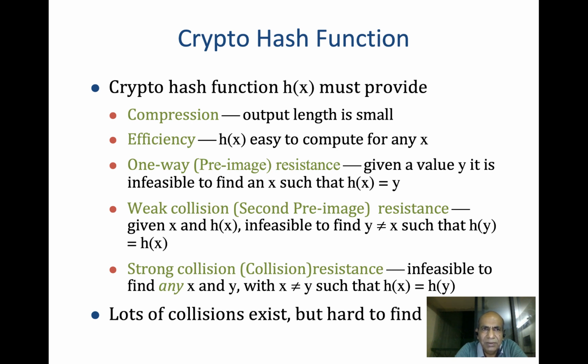So, as an example, we store passwords as a hash value of the password. If somebody, say the system admin, gets the hash value of somebody's password, can the system administrator find out from that hash value what the password of the person is?